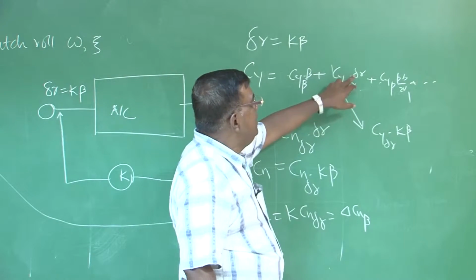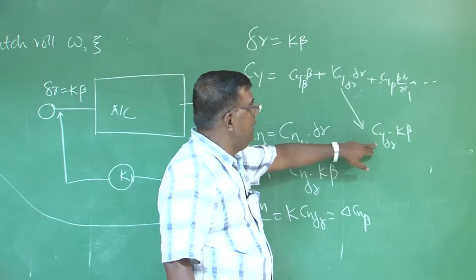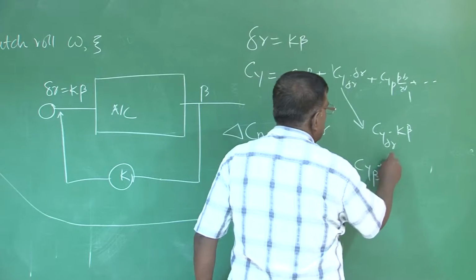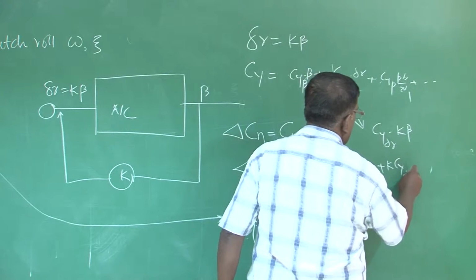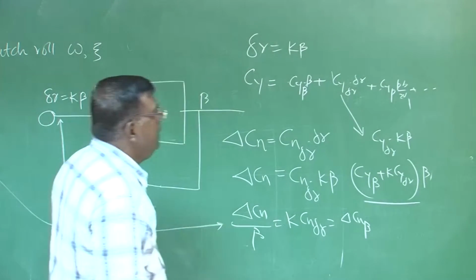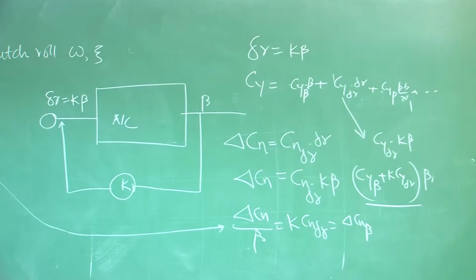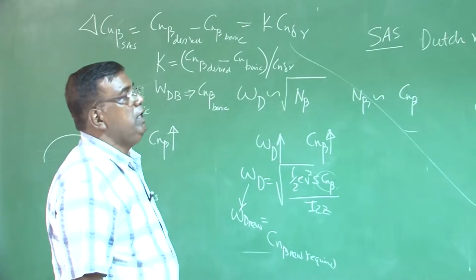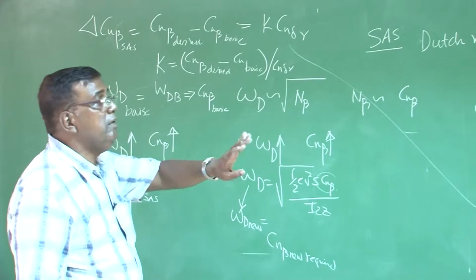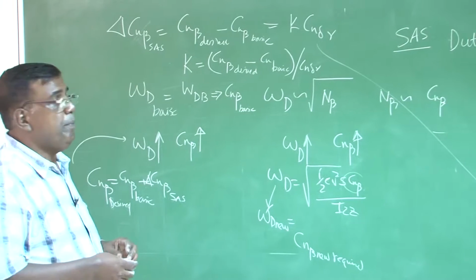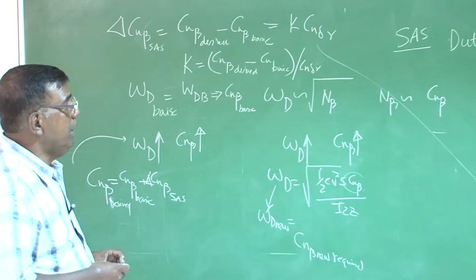Now Cy delta r into delta r gives Cy delta r into k beta. So finally you find Cy beta plus k Cy delta r, into beta. So your Cy beta effectively gets modified, right? Because Cn beta has got modified, Cy beta also gets modified. So we have to see what is the effect on the overall stability of the system. This understanding is a must.